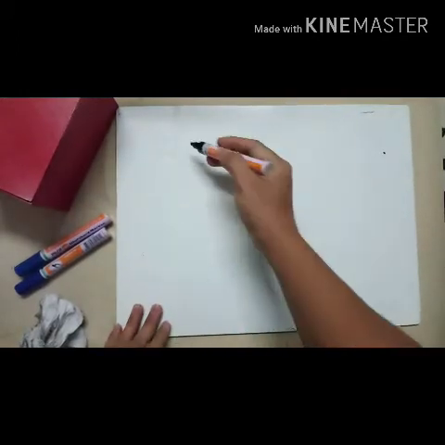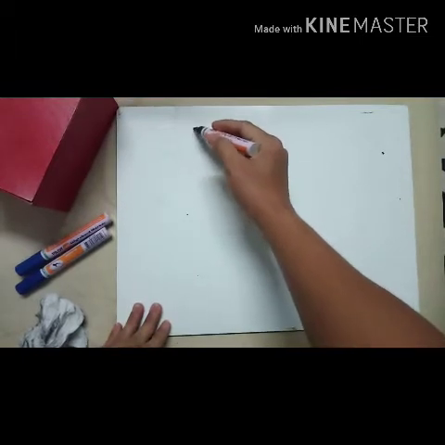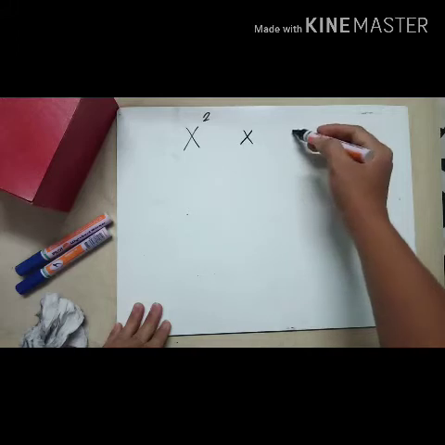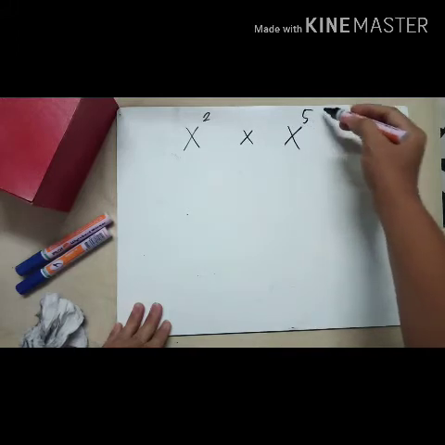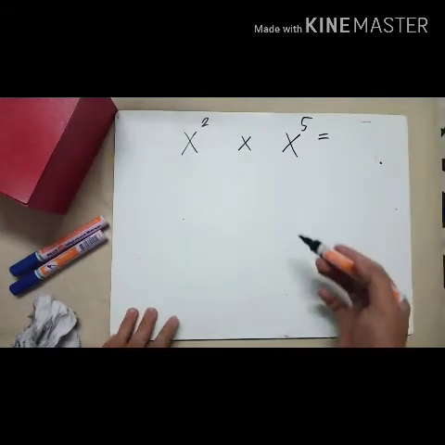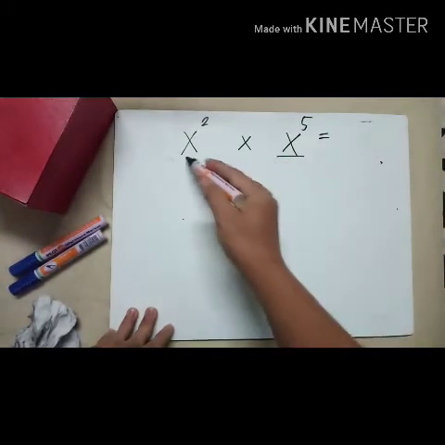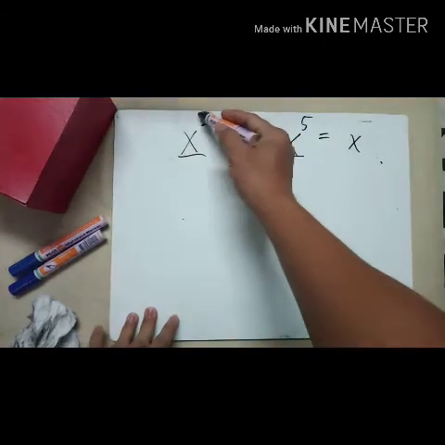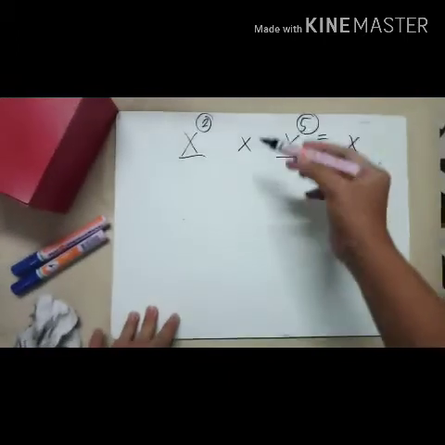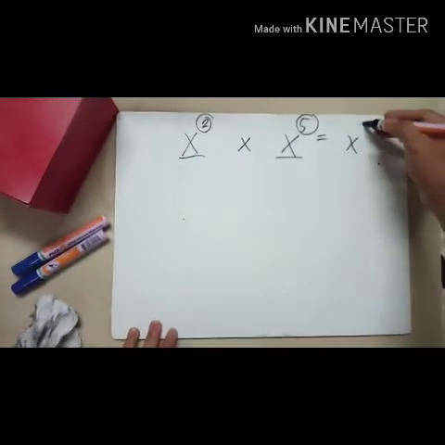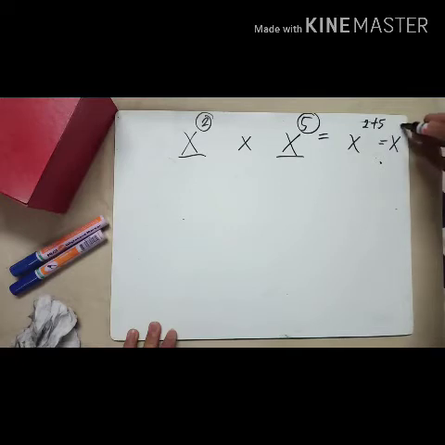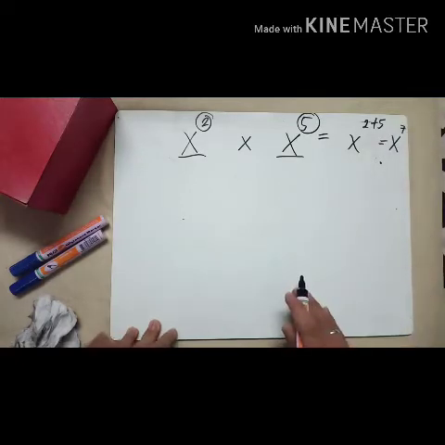So for example, we have x squared times x raised to the power of 5. So just copy the same base, which is x, and then add the exponents. So 2 plus 5, that will become x raised to the power of 7.